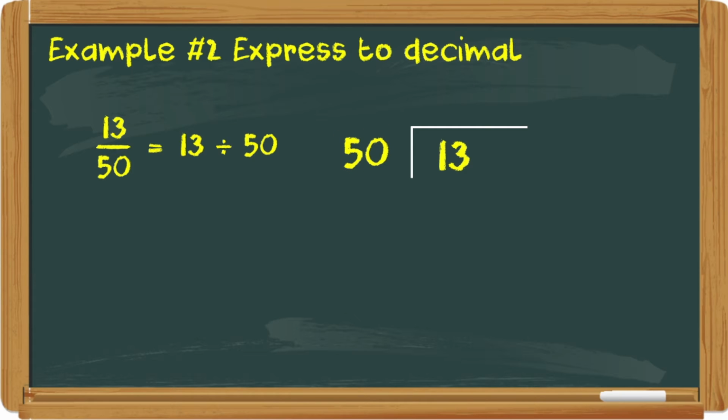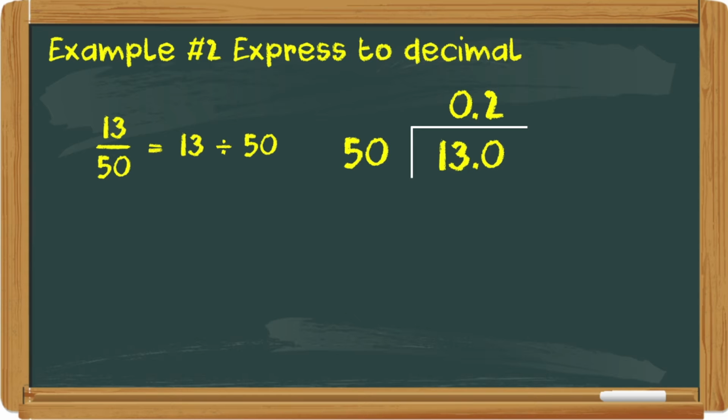And again, we cannot divide 13 directly by 50, so maglalagay ulit tayo ng decimal point at 0 sa dividend. And also, sa quotient part. We can now divide 130 by 50, giving us the answer, which is 2.